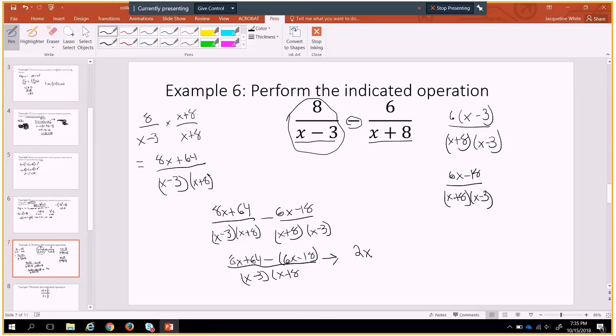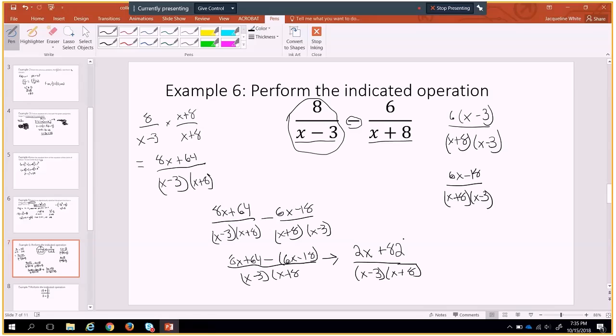And we have a 64 minus a minus 18, so that's basically saying 64 plus 18. So that's going to be 2x plus 82, if I did my math right, all over x minus 3 times x plus 8. There's our final answer.